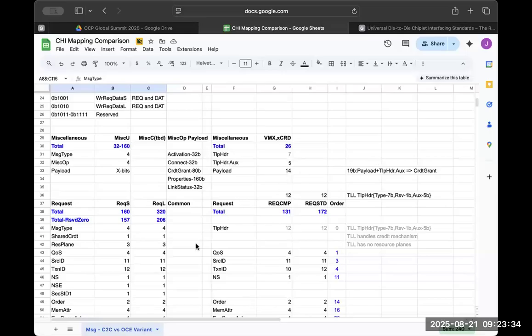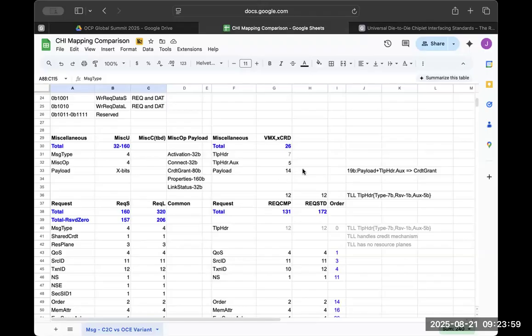Can you see that? Yes. So I looked at the miscellaneous packets last week. We have messages that are always 26 bits, with 14 bits of payload.